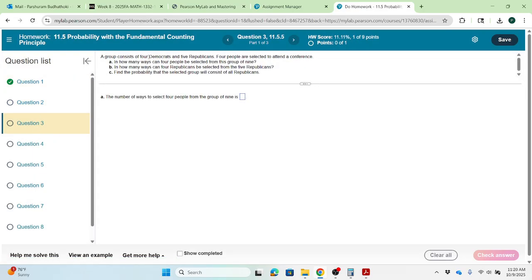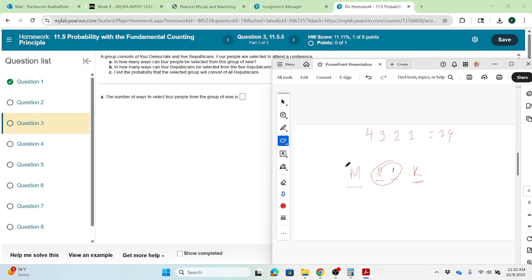A group consists of 4 Democrats and 5 Republicans, so total 9. We would like to find out in how many ways 4 people can be selected from this group. So we have to find the combination of 4 out of 9. It's 9 factorial divided by 9 minus 4, which is 5 factorial, times 4 factorial.